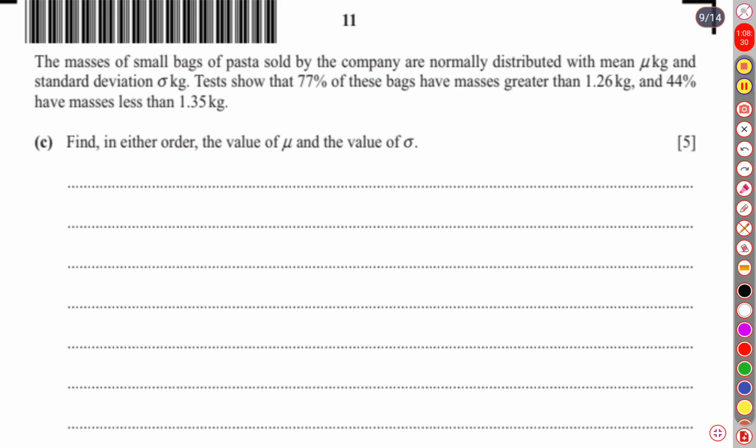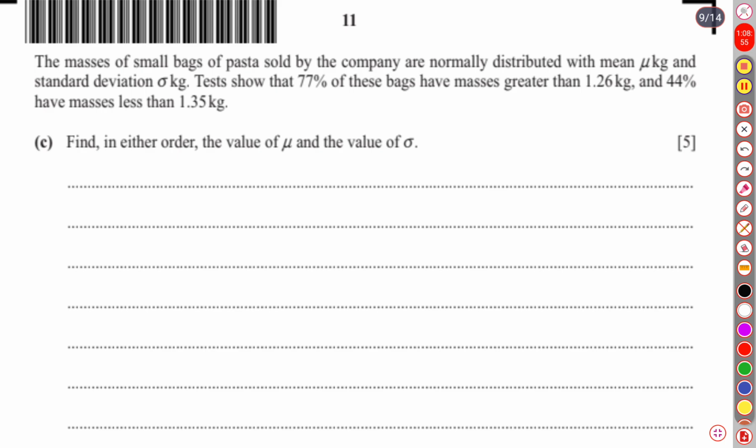Question number C is, the masses of small bags of pasta sold by the company are normally distributed with mean mu kg and standard deviation sigma kg. Tests show that 77% of these bags have masses greater than 1.26 kg, and 44% have masses less than 1.35 kg.